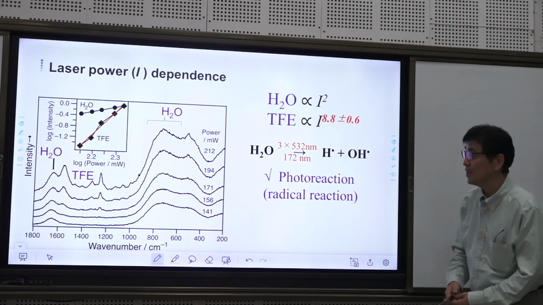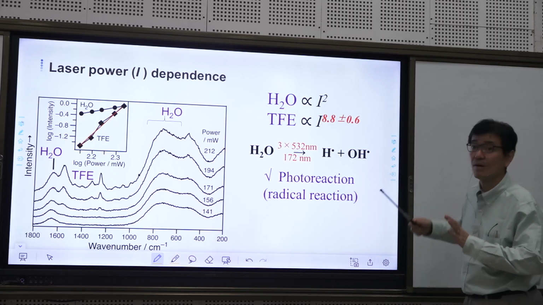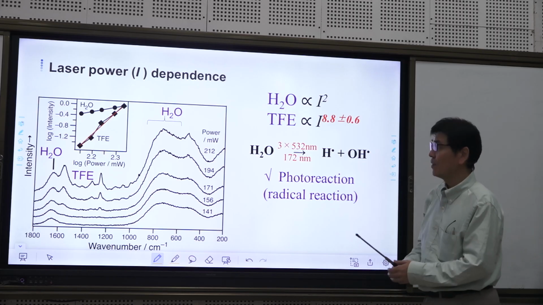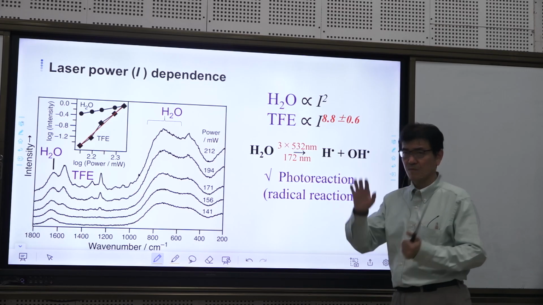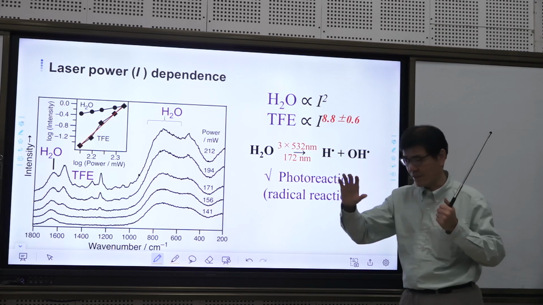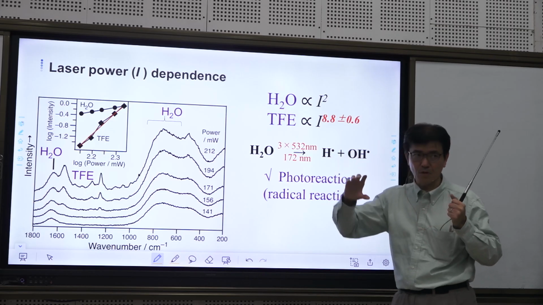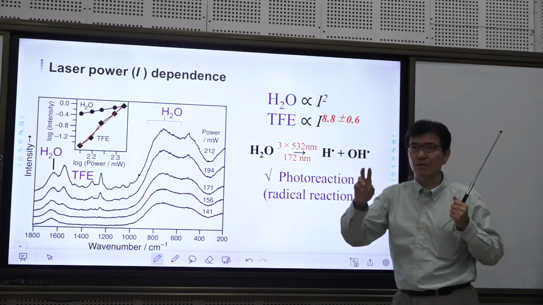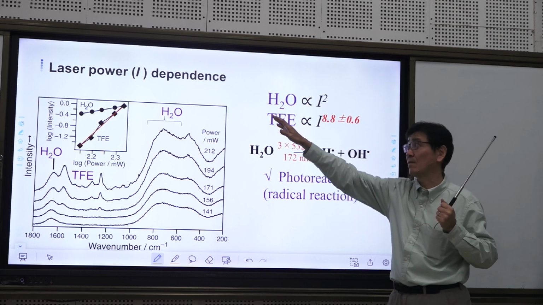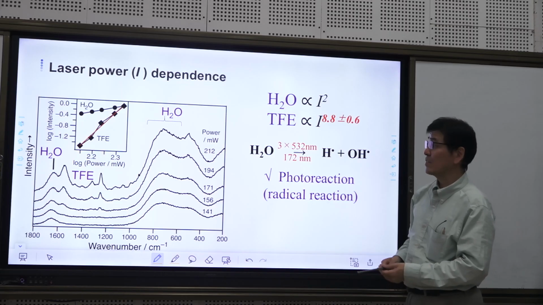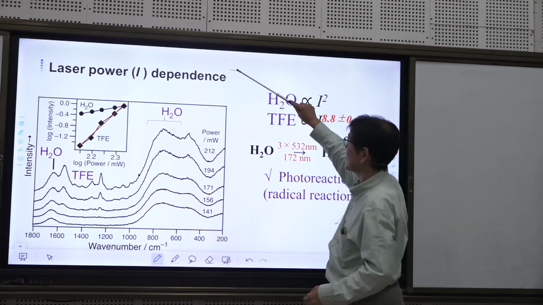Next, we checked the laser power dependence. As we know, the hyper-Raman spectrum intensity is proportional to the square of the incident power, so we expect I-squared dependence.